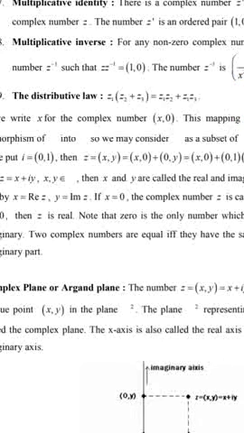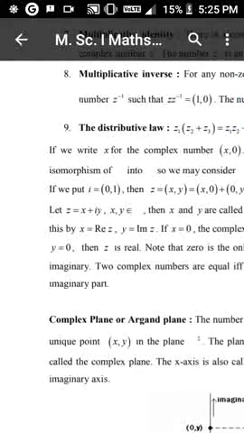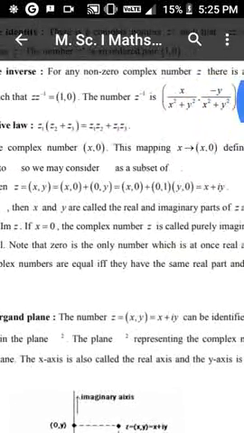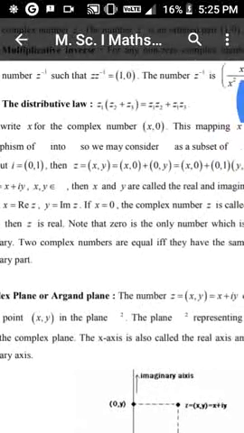Multiplicative inverse: for any non-zero complex number z, there is a complex number z inverse such that z into z inverse is equal to (1, 0). The number z inverse is (x divided by x square plus y square, minus y divided by x square plus y square). The distributive law: z1 into (z2 plus z3) is equal to z1 into z2 plus z1 into z3.